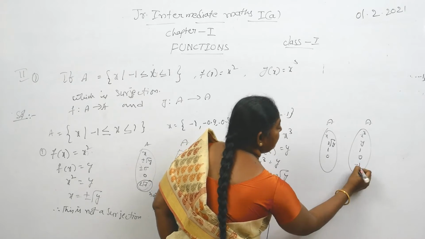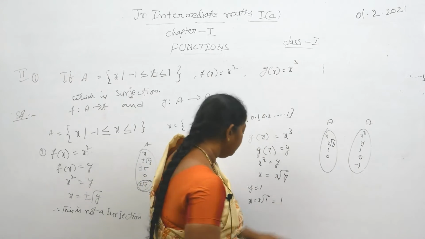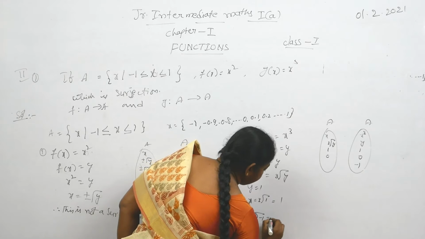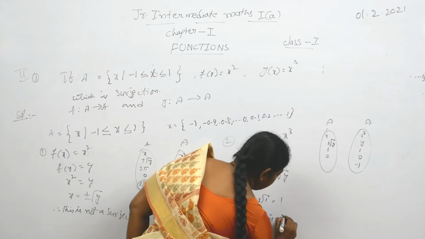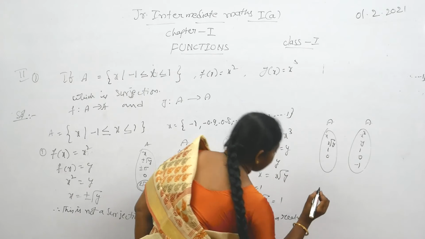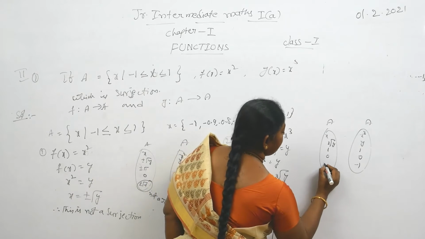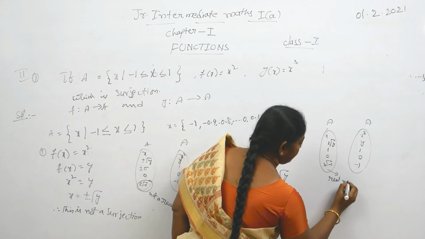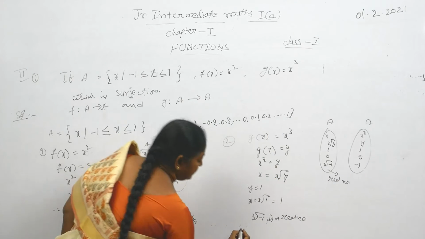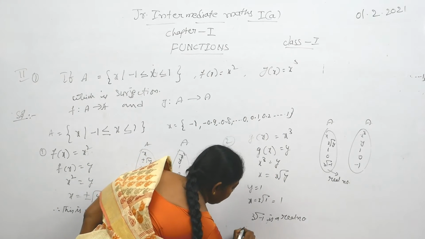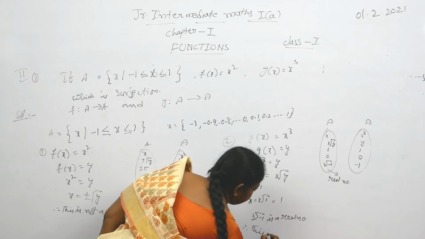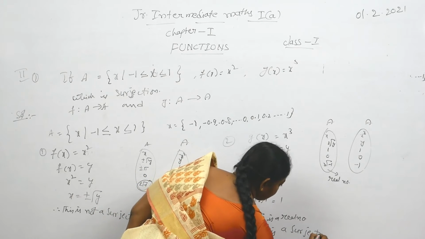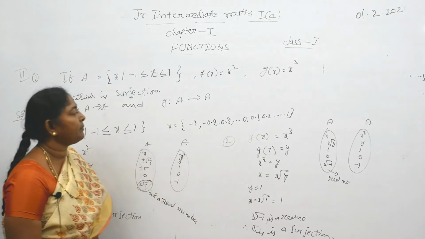For y equal to minus 1, the cube root of minus 1 is also a real number. So this is a real number. Therefore, this is a surjection.